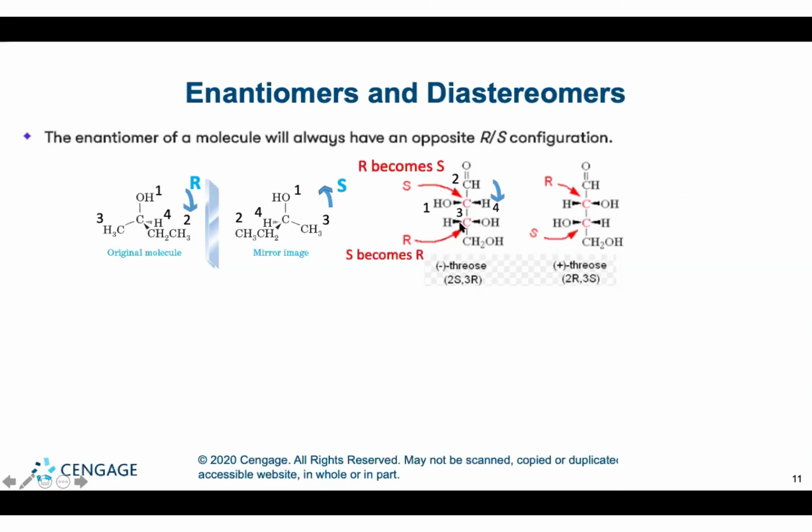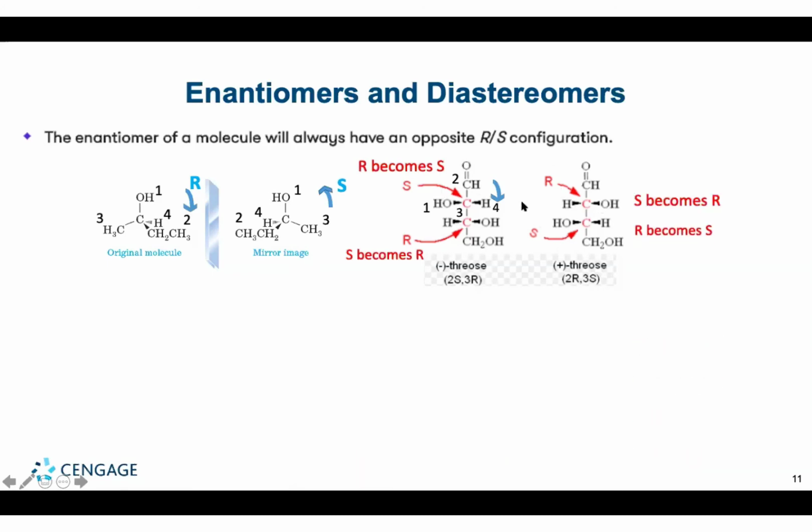Again, these two compounds are enantiomers of each other because, first, they are mirror images of each other. When you put one on top of the other, you see that they are not superimposable, and also they have opposite R and S configuration.